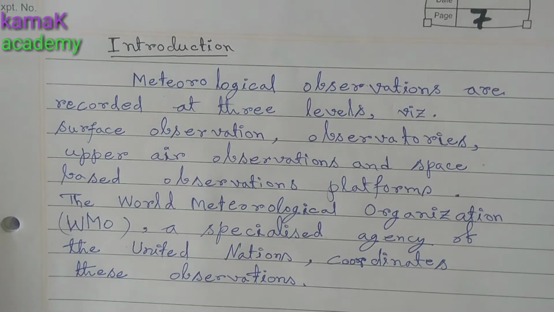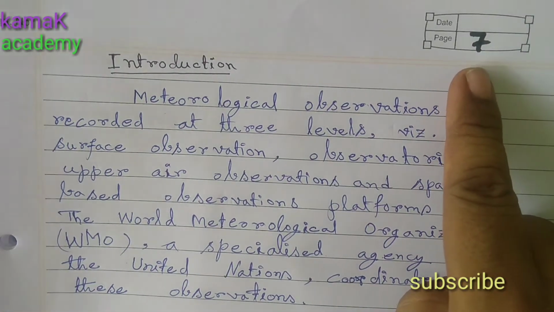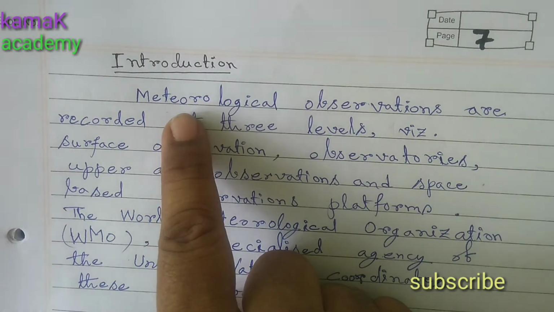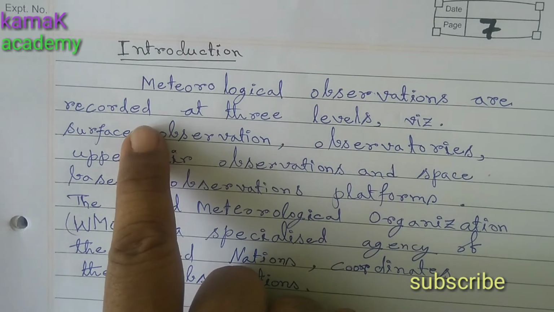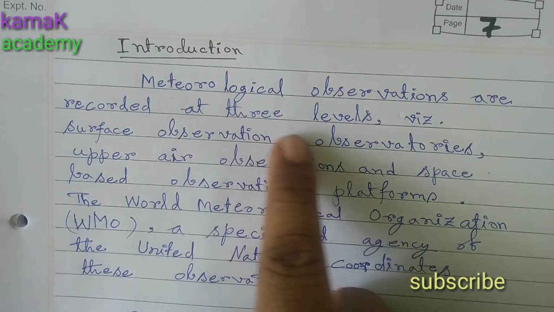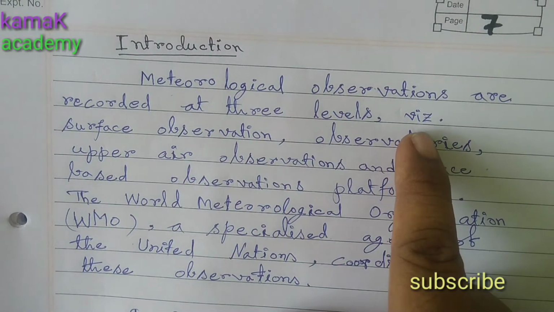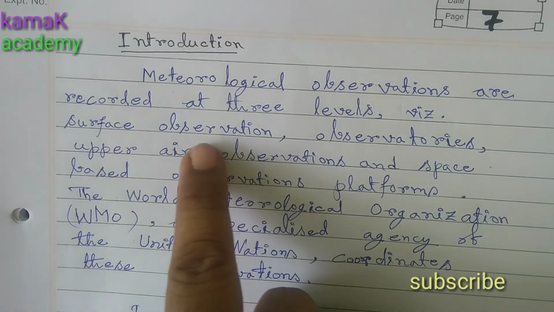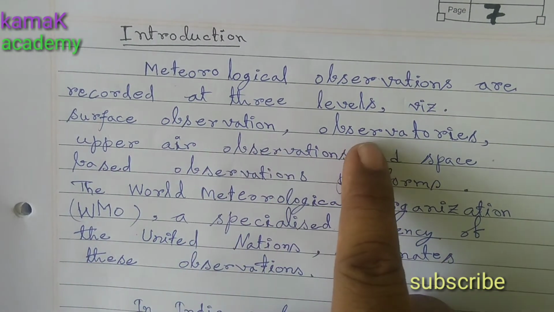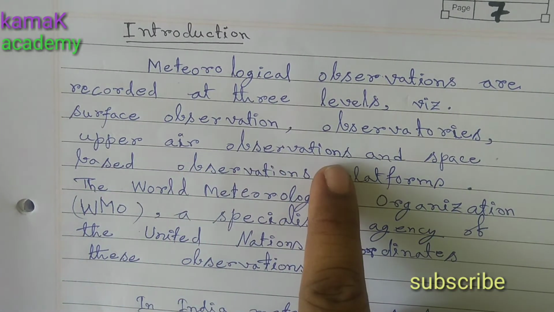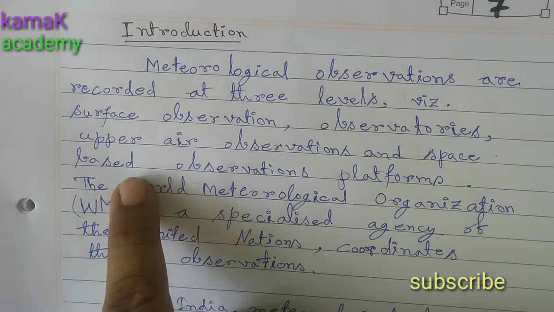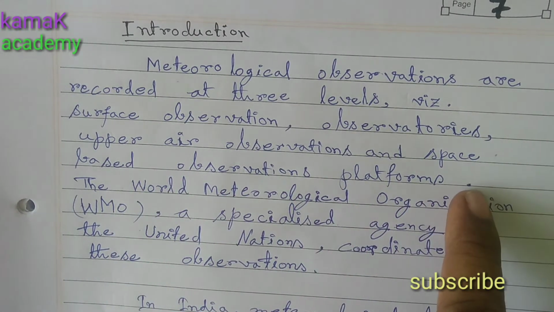Next page is page number 7. Introduction. Meteorological observations are recorded at three levels: surface observatories, upper air observations, and space-based observation platforms.